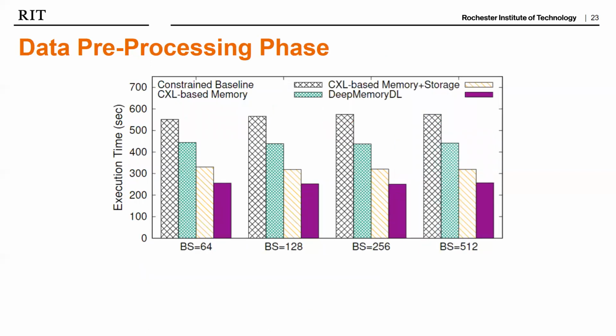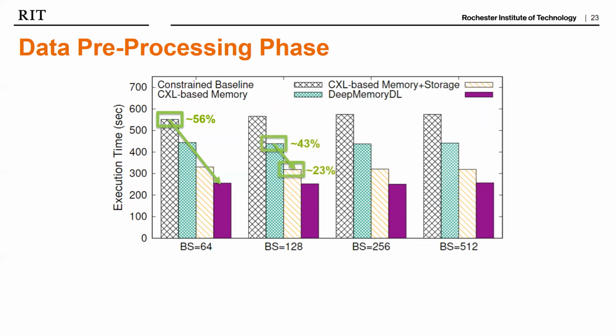Next, we evaluate the impact of the data preprocessing phase on the execution environment. We observed a performance improvement of up to 56% for DeepMemoryDL compared to the constrained baseline environment across all batch sizes. There is a heavy reliance on the underlying storage and memory tiers during this pre-processing phase.